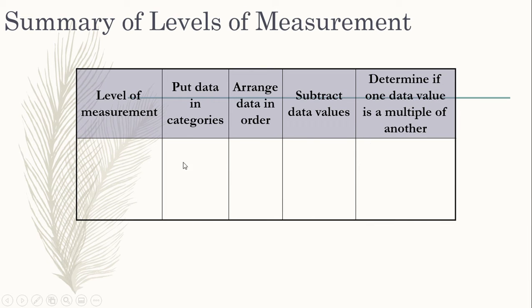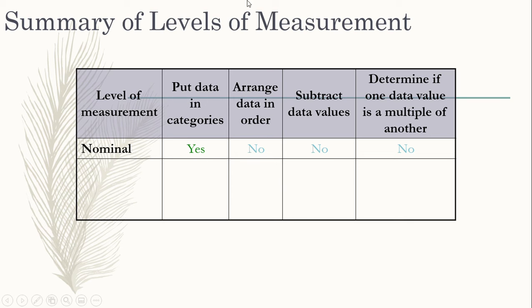So the summary of the levels of measurement. Level of measurement: put data in categories, arrange data in order, subtract data values, determine if one data value is a multiple of another. Nominal: put data in categories, yes.